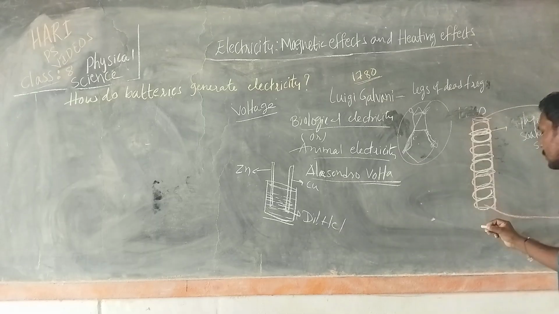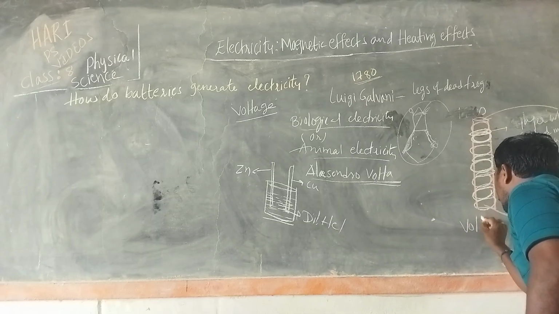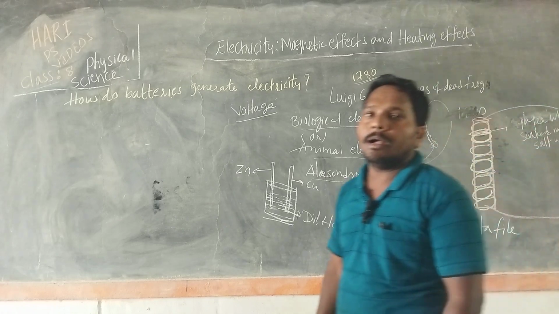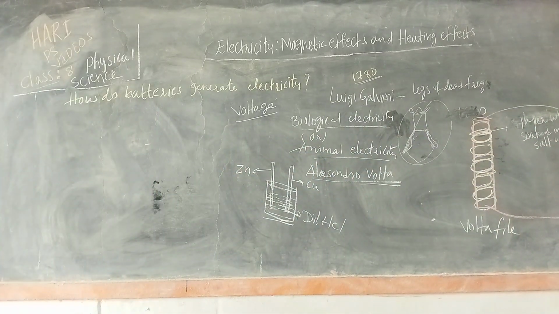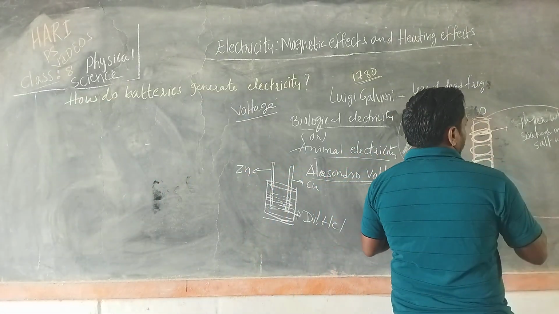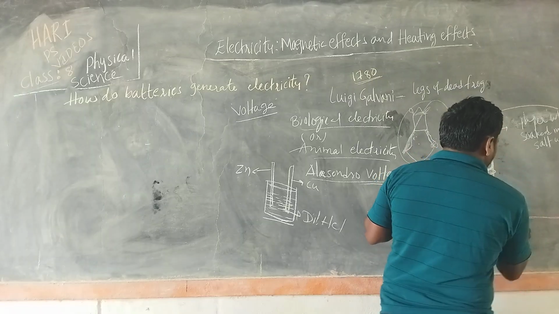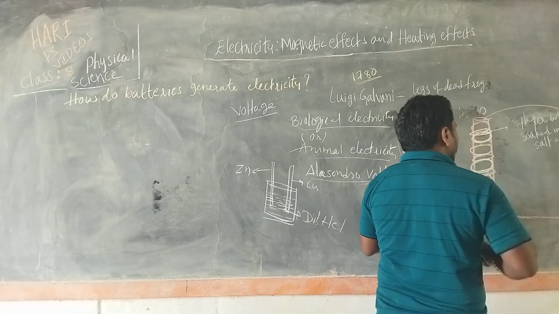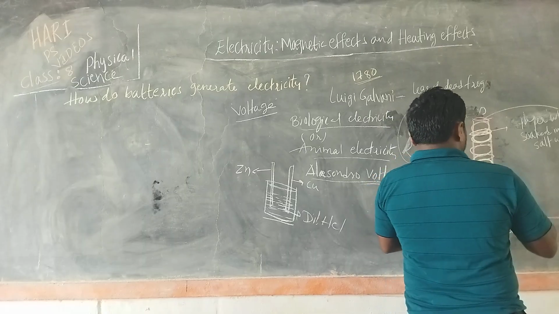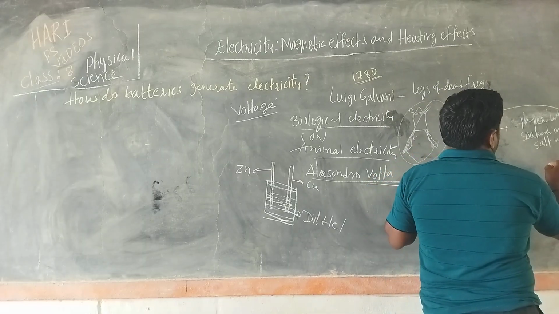This is called a Voltaic pile: zinc, copper and sodium chloride.